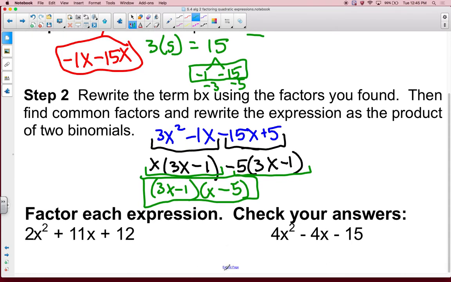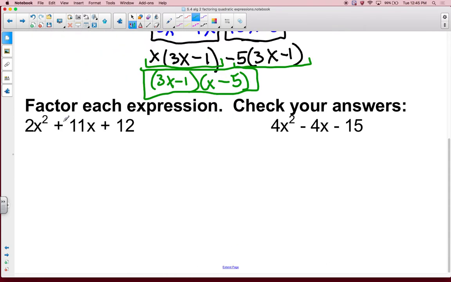Let's try another one like that. So we could take this one here. We do a times c, 2 times 12 is 24. And I say what multiplies to 24 and adds up to 11. Okay, so we should be able to see, okay, I have a 3 and an 8. That multiplies to 24. And 3 plus 8 also adds up to 11.